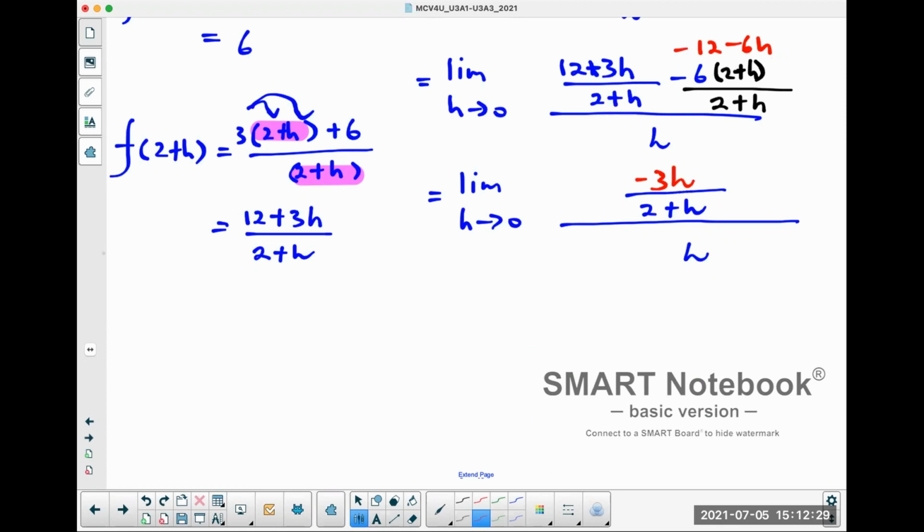Now you see the h at the bottom and the h at top cancel. So again, they have to cancel. If they don't cancel, you made a mistake somewhere. Limit h approaches 0, negative 3 over 2 plus h. Now what happens when this h value is so small it's like 0? Well, then the slope of the tangent is going to be negative 3 over 2.